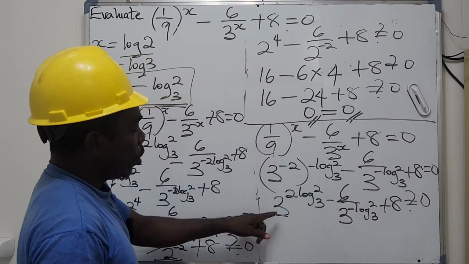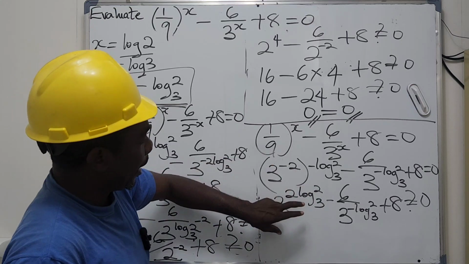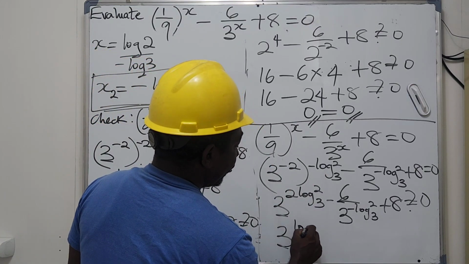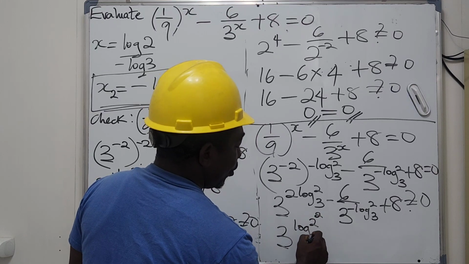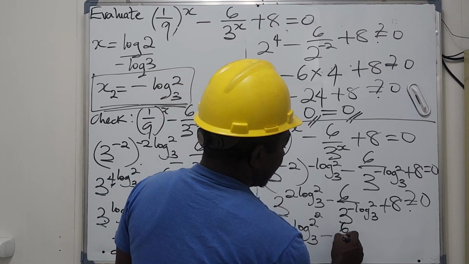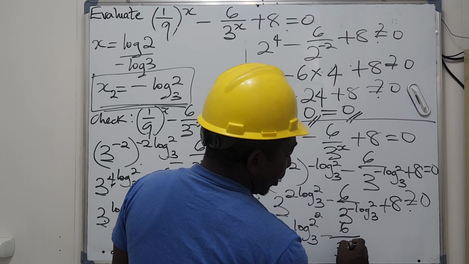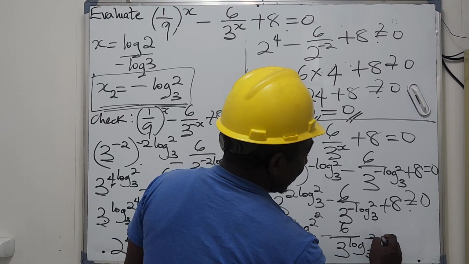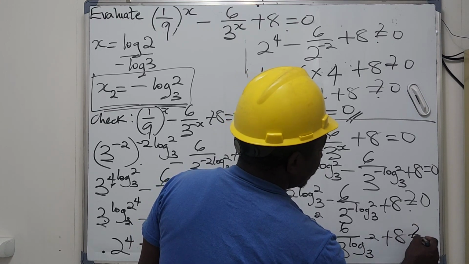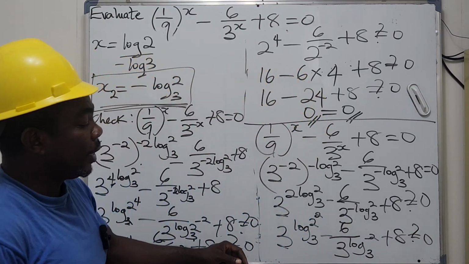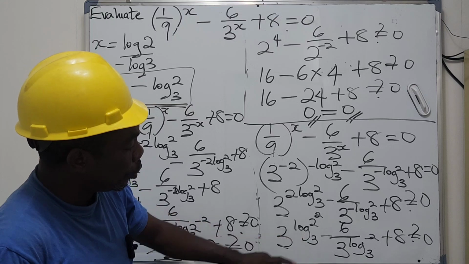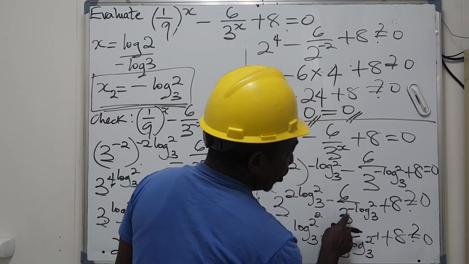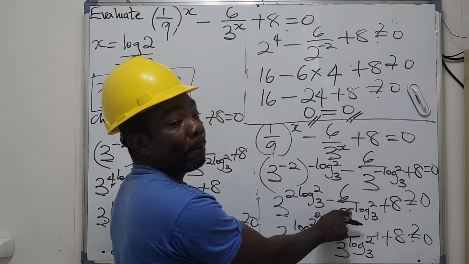So in this case, we can rewrite this, because as we expressed before, this can be written as 3 to the power of log 2 to the power of 2 base 3 minus 6 all over 3 to the power of log minus 2 base 3 plus 8. Will this equal 0 when we add? In this case, what we are going to do, okay, this is not minus 2, it's going to be 2 to the power of minus 1, because this is the same thing as minus 1.